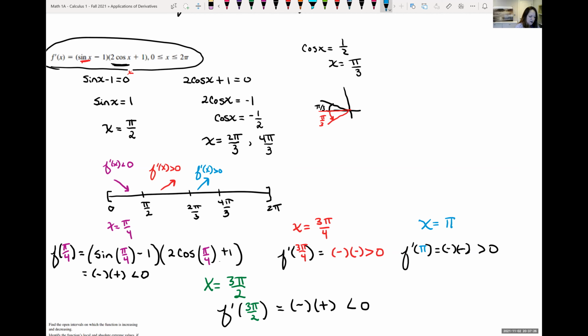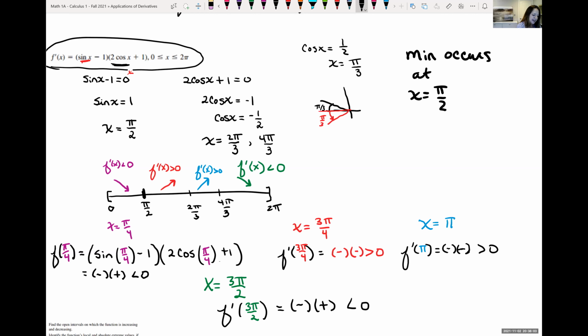So we're going up between 2 pi thirds and 4 pi thirds, but from 4 pi thirds to 2 pi we were going down. The derivative was negative. Okay, so let's look at each critical number. At pi halves, we have something coming down and then up, so a min occurs at x equals pi halves.